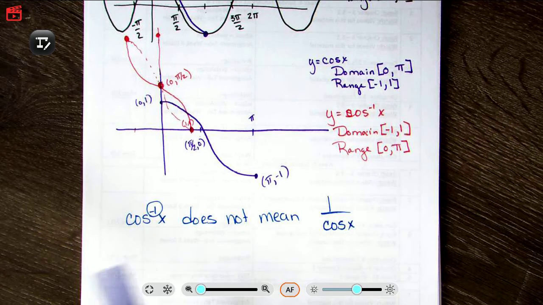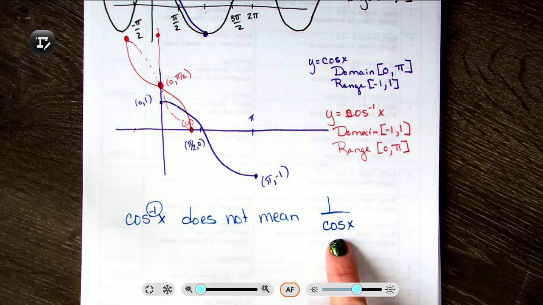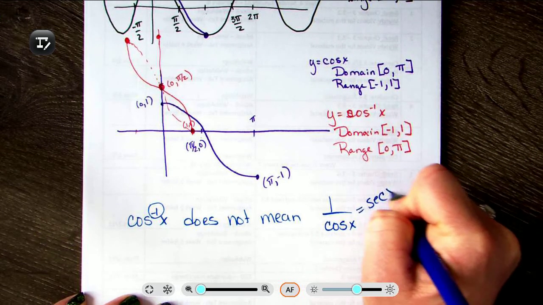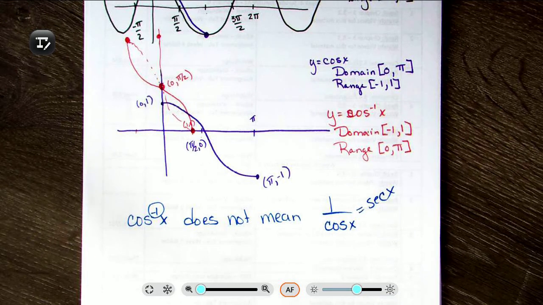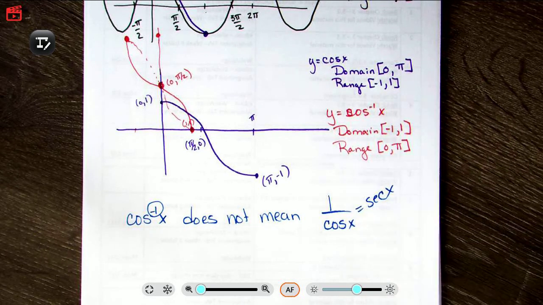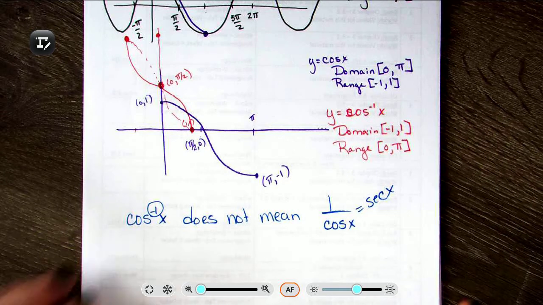This is something that Newton decided he wanted to use in his notation. It is not an exponent on the cosine curve, because we know that 1 over cosine really is secant. And our inverse function is giving us angles. So it's giving us an angle measurement, and the secant function gives us another ratio. So they are not the same.